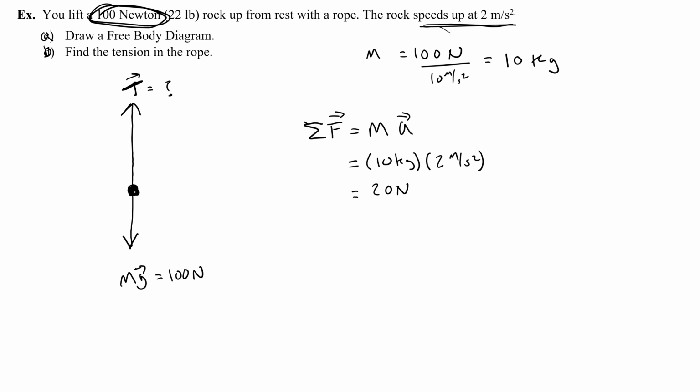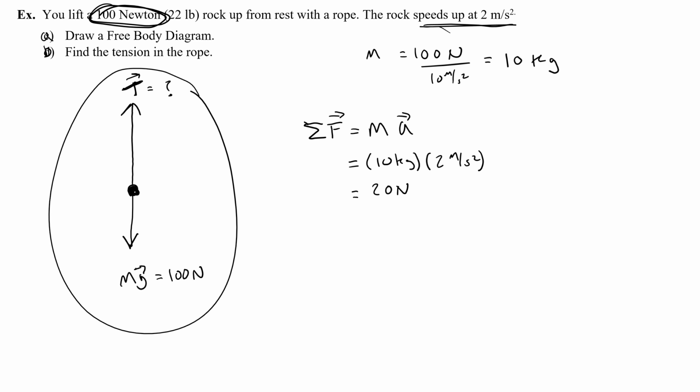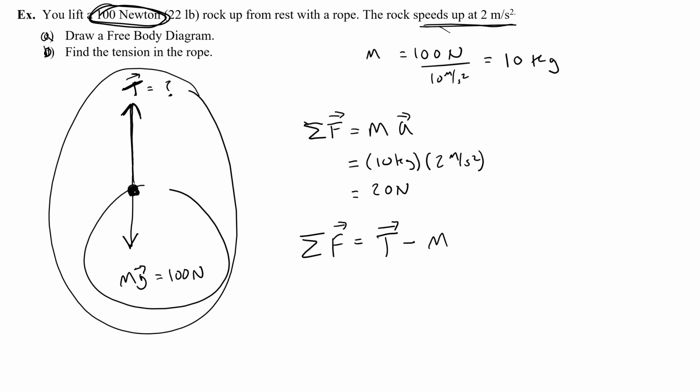Okay, the other way that we can get an equation for net force is by looking at our free body diagram. So the other equation for net force is this. I know that the net force is T, which is positive because it points up, minus, because the weight force goes down, mg. So plus T because T points up, minus mg because mg points down.